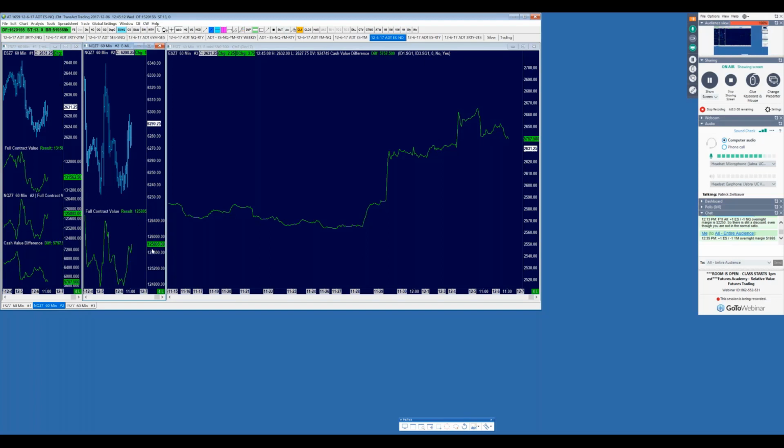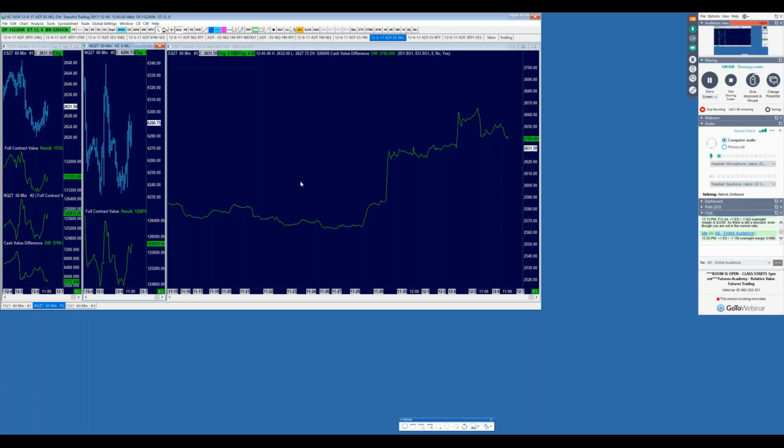And then this value here is being overlaid onto the S&P chart. So you've got the S&P, full contract value of the S&P, full contract value of the NASDAQ, and then one minus the other. So this value here at the bottom is simply the S&P value minus the NQ value, which yields the actual cash value spread between these two contracts.